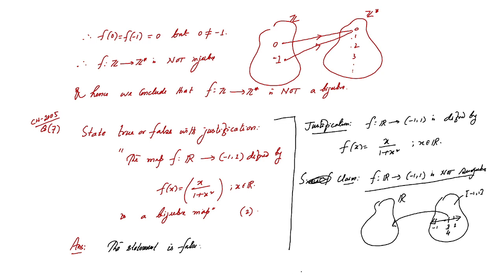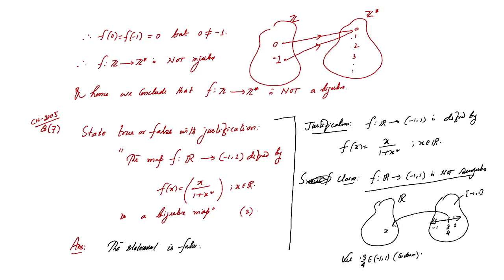Why? Let us consider an element, let 3/4 belong to (-1, 1), and this is basically our codomain. We will show that the element 3/4 has no preimage.